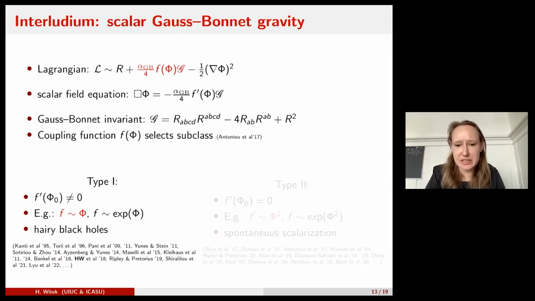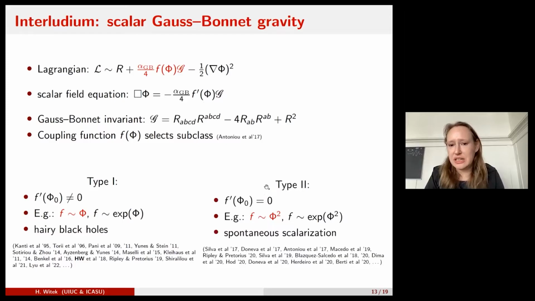The second type, what I call type 2, can have regions where the derivative of the coupling function with respect to the scalar field is 0. Examples for that are couplings like a phi squared type coupling or an e to the phi squared kind of Gaussian coupling.